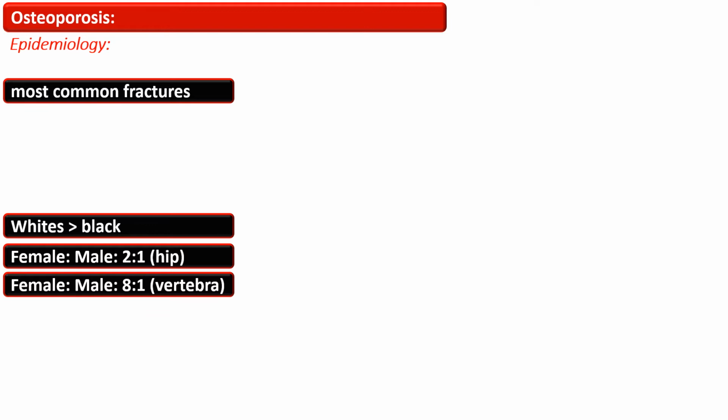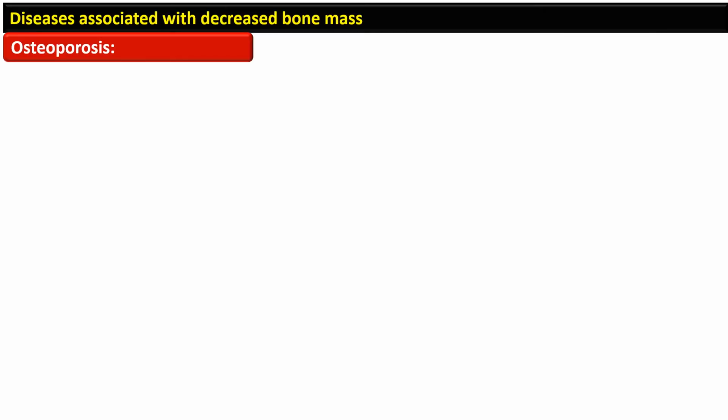This male-female preponderance is nullified in Asians and blacks, who are equally affected by osteoporosis. 1 million individuals are affected by this disease each year in the United States, which costs about 14 billion US dollars of burden on the health budget.